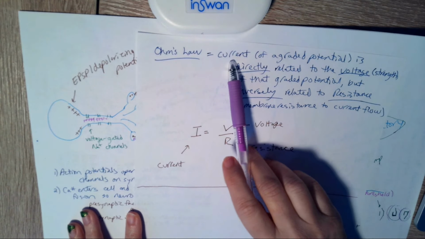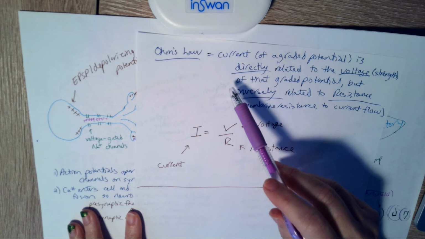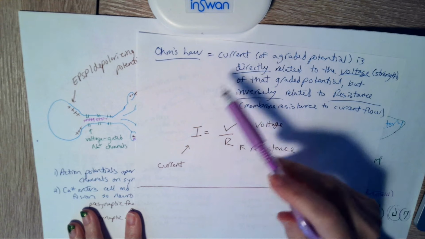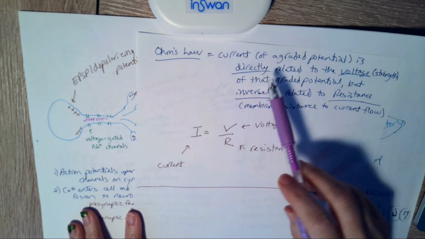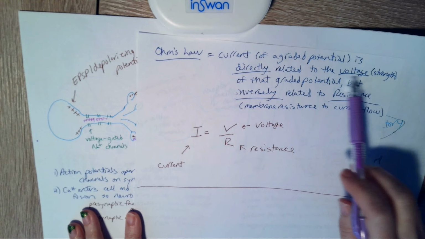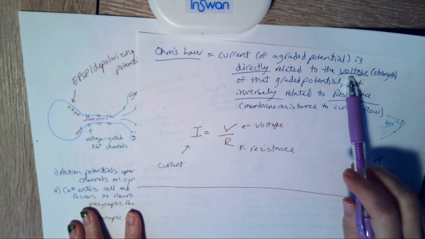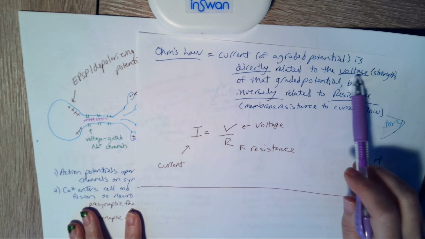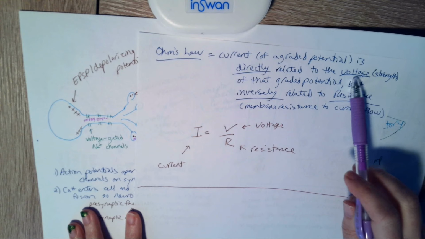It's just saying that the current of the graded potential, so the flow, how fast the flow of that graded potential is, is directly related to the voltage. So how strong that graded potential is. Is it a very strong, very big difference in the transmembrane potential, or is it a smaller one?